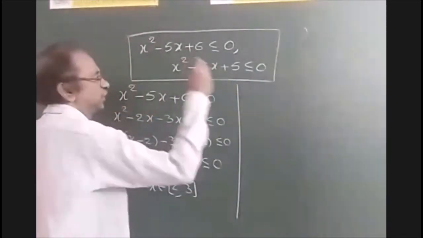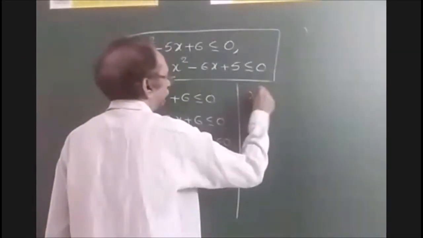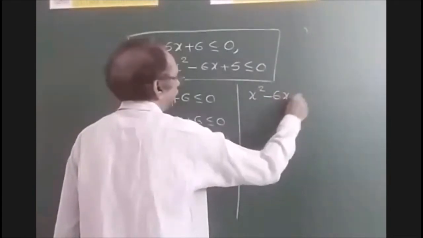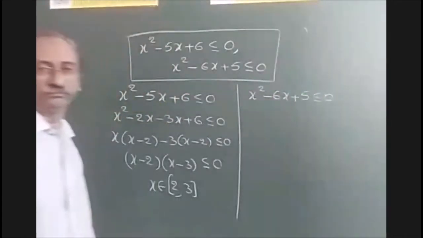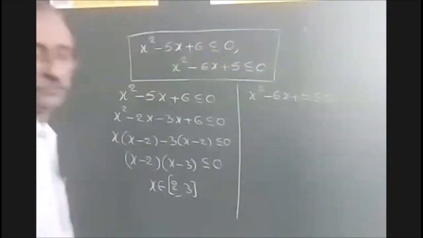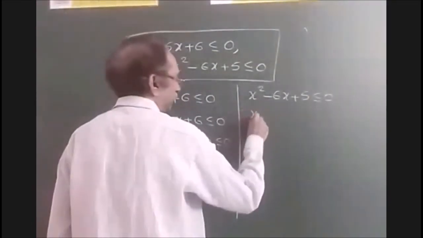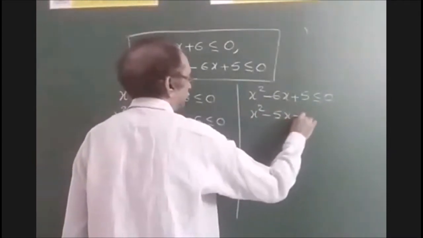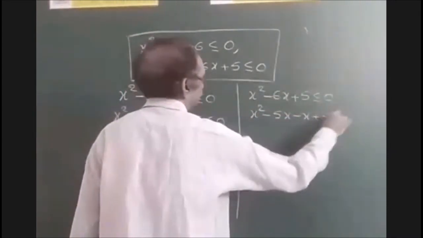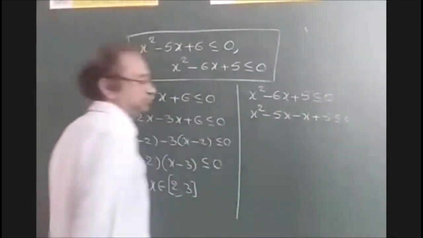And this one, x square minus 6x plus 5 less than or equal to 0. That is x square minus 5x minus x plus 5 less than or equal to 0.